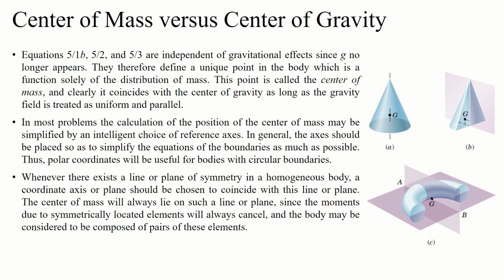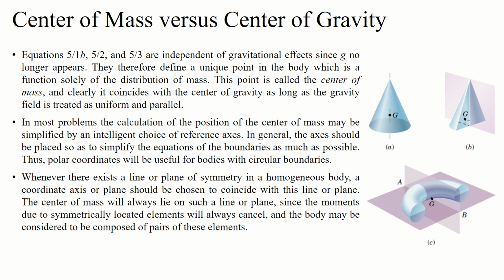Whenever there exists a line or a plane of symmetry in a homogeneous body, a coordinate axis or plane should be chosen to coincide with this line or plane. The center of mass will always lie on such a line or plane, since the moments due to the symmetrically located elements will always cancel each other, or you can say the mass distribution is equal on either side.